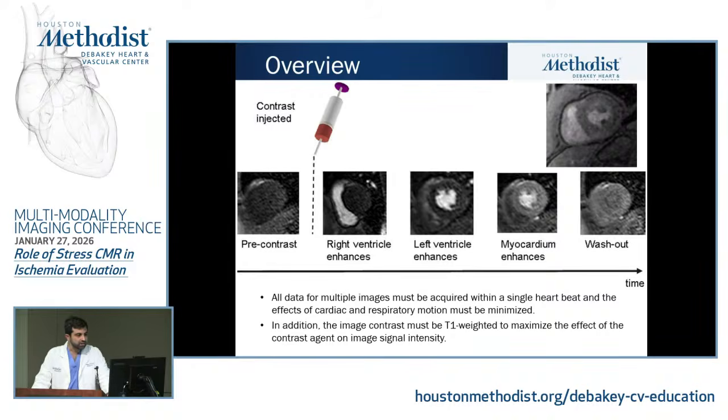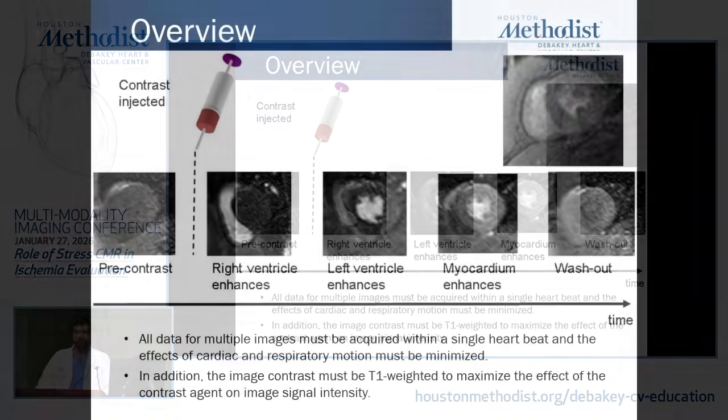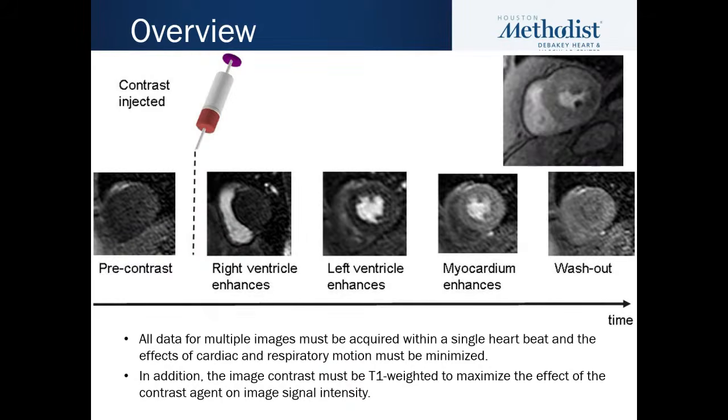So when it comes to MRI, what we do is we create slices of short axis of the left ventricle. Generally, we do 3 of these. And what you're going to do is inject contrast in the IV, and you'll acquire a series of images that look like a movie as a result. This will show you the contrast going from the veins into the RV and then into the LV.